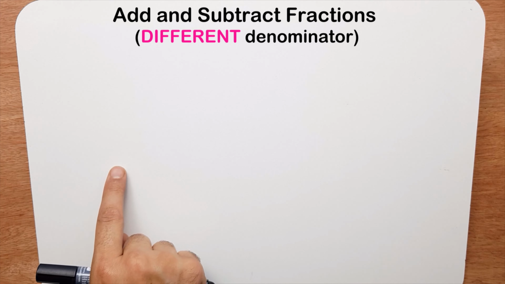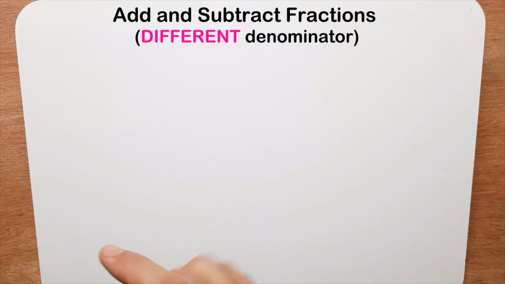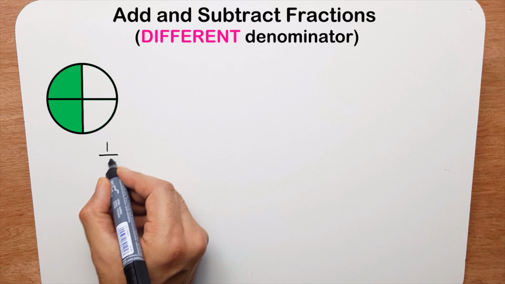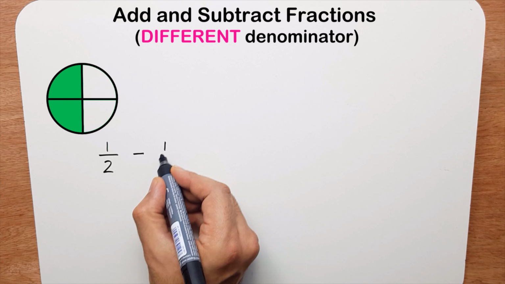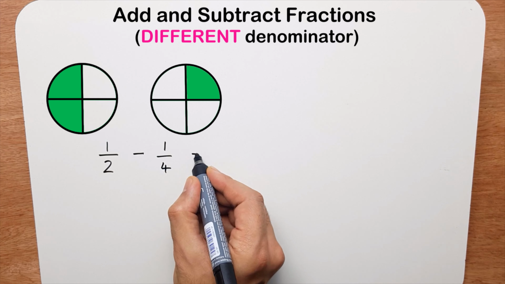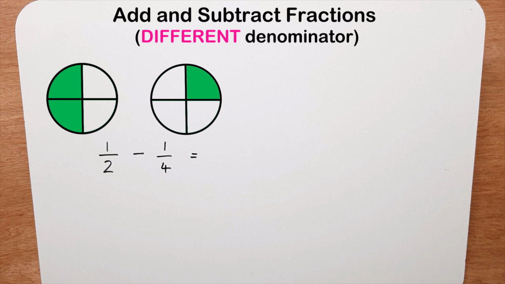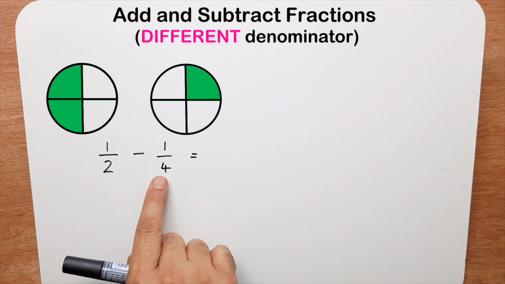Okay, so let me do the same example, but with a minus this time. So I want to do 1/2 minus or take away 1/4. Now I notice that these two denominators are different. So I need to find out which times table are these two in.